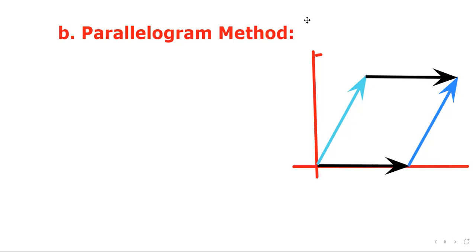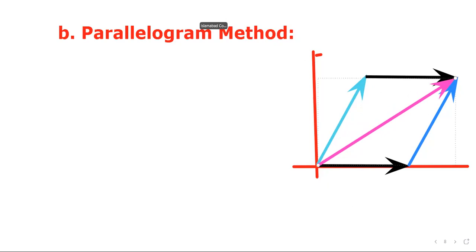So now vectors are added like this, and then you will draw a resultant vector which will start from the tails of first two vectors, where two vectors have tail, and will end where two vectors have their heads.